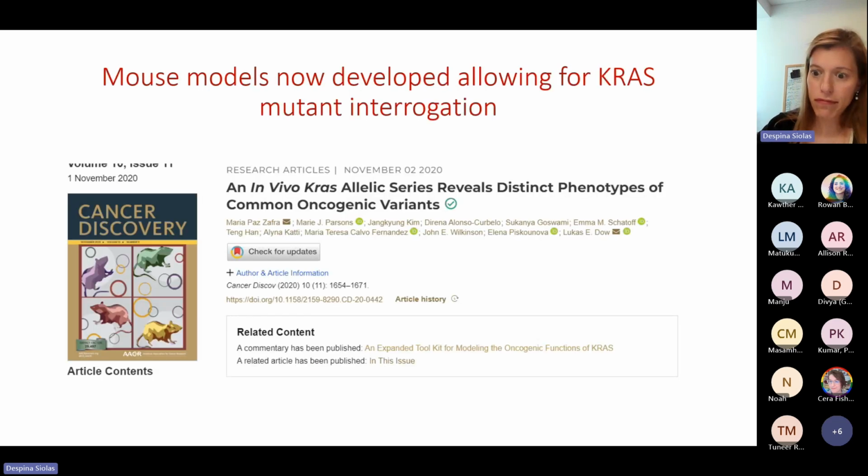So we said, okay, what if we take our KRAS mutated cells, which have either a G12D mutation or a G12R mutation? They're pancreas cells derived from a KRAS mutant mouse, and we grow them up in a dish, and we just want to know, do they have differences in terms of proliferation?